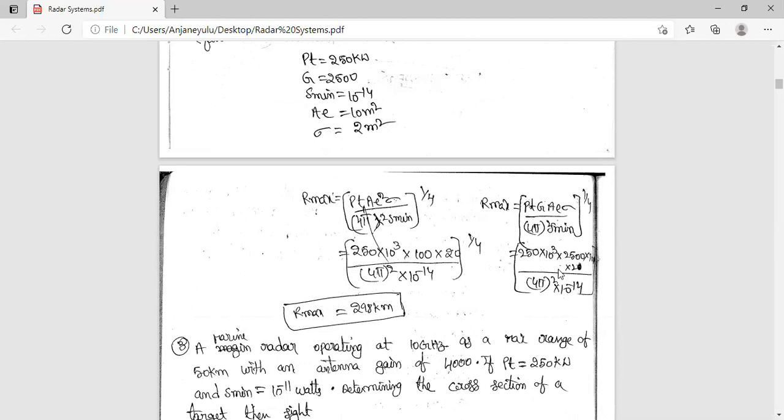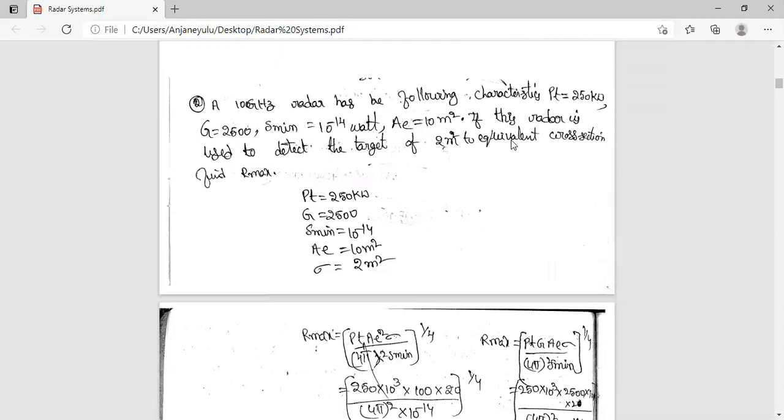If you substitute all the values in this equation, we get R maximum equals 298 kilometers. So this is one problem about R maximum.